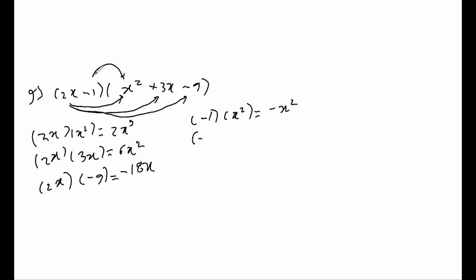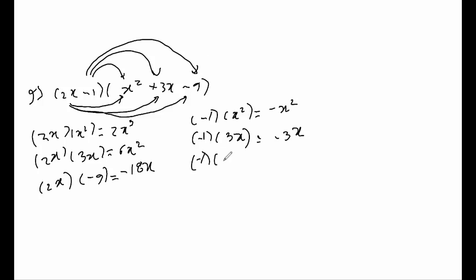And I do it here, next one, negative 1 times 3x, and I get negative 3x, and then finally negative 1 times negative 9, and that gives me positive 9.